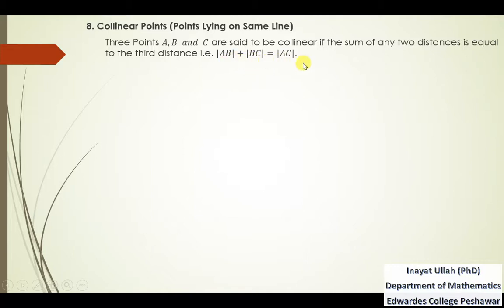If this equality does not hold, then we say that the points do not lie on the same line, they are lying on different lines.